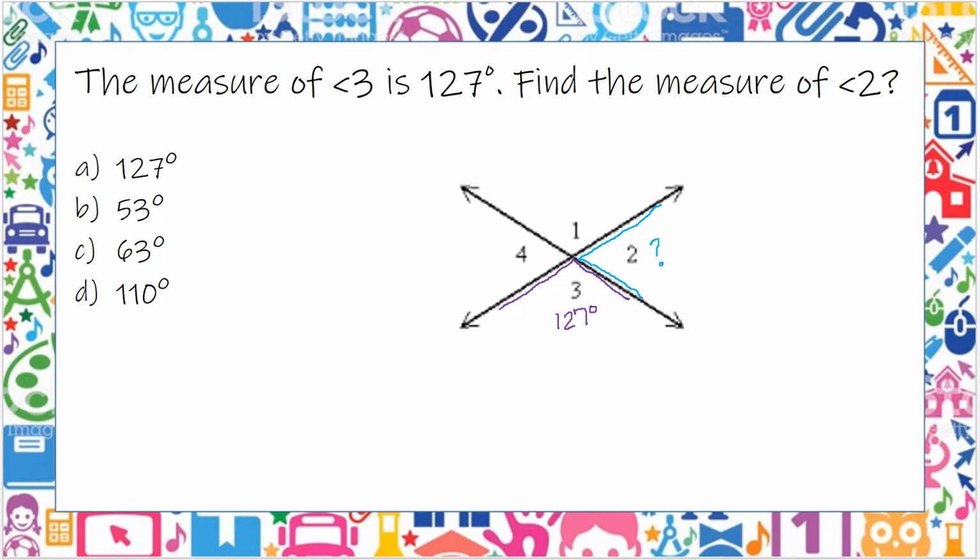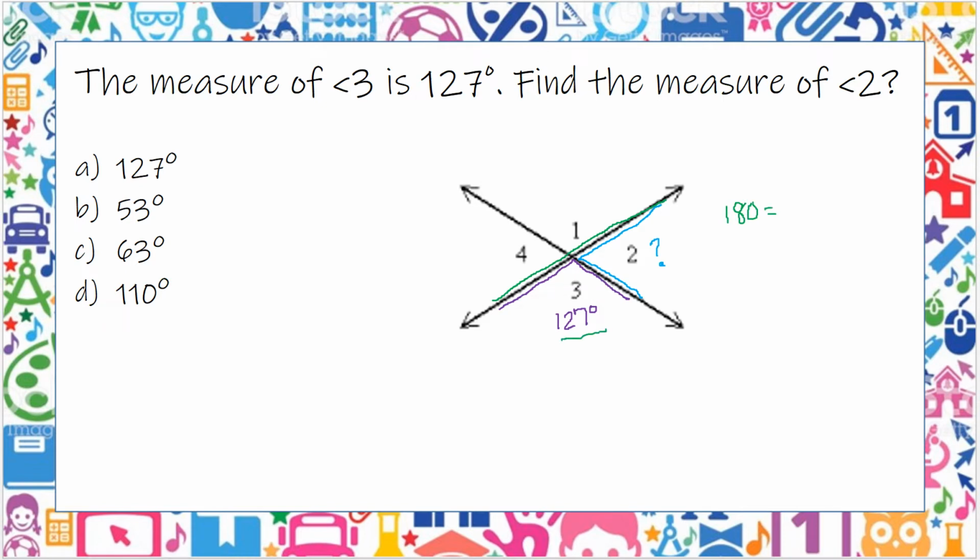And we don't know that one. But notice that these two together, if I follow the line that they make, it makes this whole big long straight line. Those two angles are supplementary angles because they make that straight line, and a straight line adds up to 180 degrees.